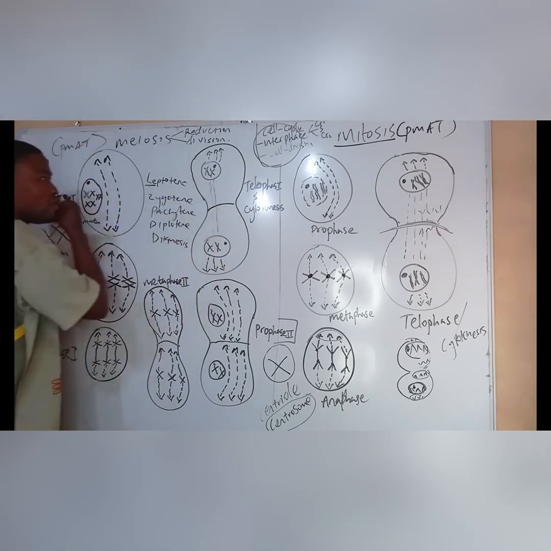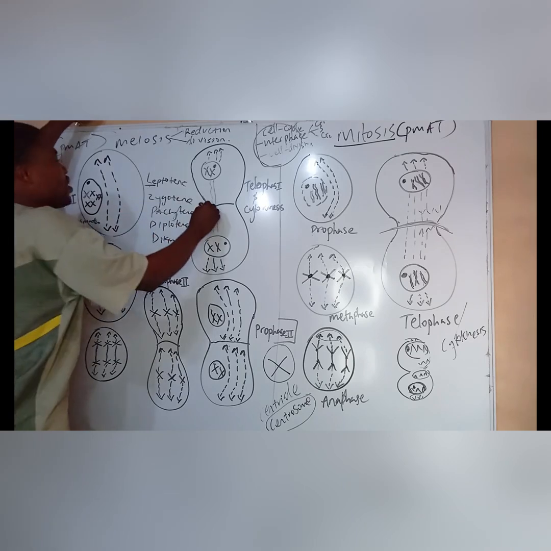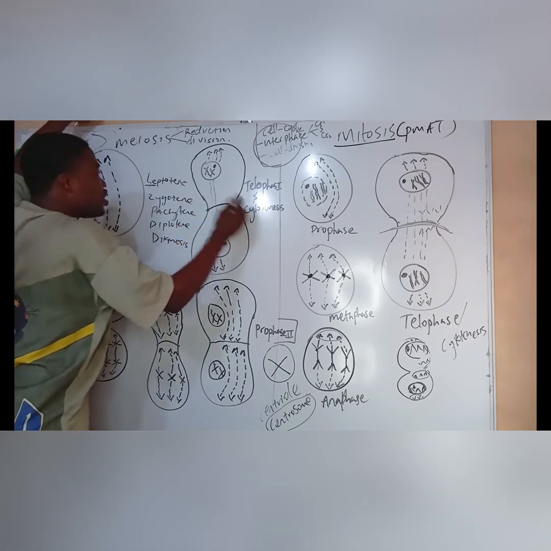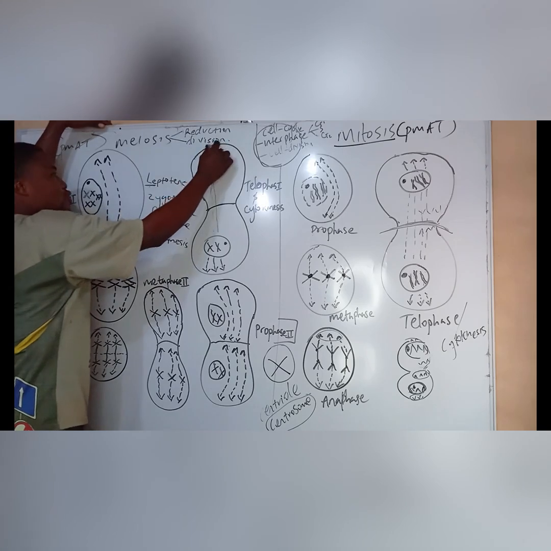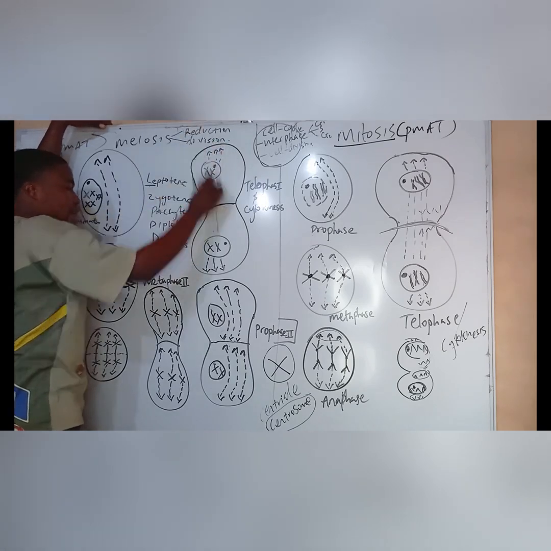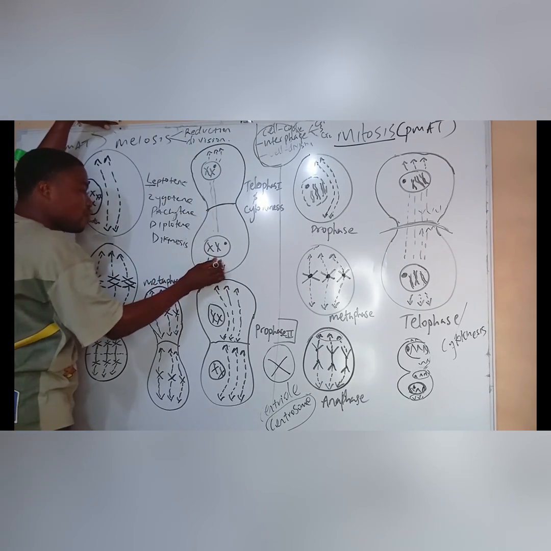In telophase, they finally arrive at each pole and are separated. So telophase and cytokinesis will occur, and these two cells are going to separate like this. The spindles begin to disintegrate and disappear.